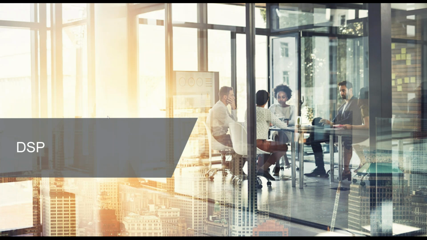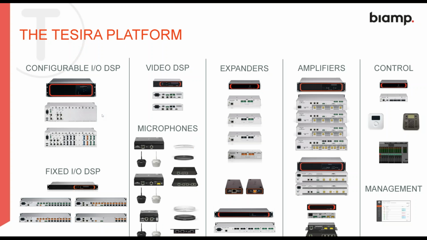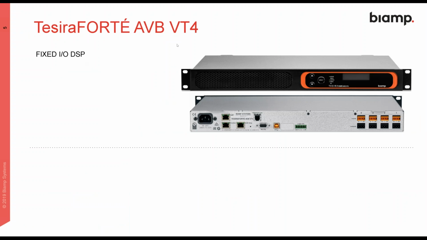DSP, that's obviously the main piece of equipment. That's the brain, let's say, of the conference room. And the Tesseract platform, the Tesseract family, is really, really broad. But today we're just going to look at the one we're going to use for easy to deploy rooms. This one's called the Tesseract Forte AVB VT4.